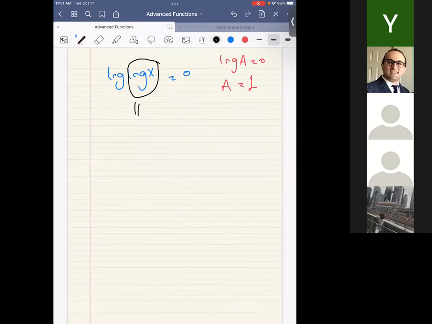So from this equation, it follows that log x equal to 1. And because the base here is 10, that means x must be equal to 10 to the power 1, which is just 10.